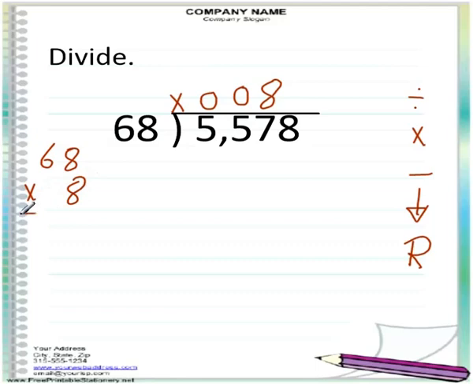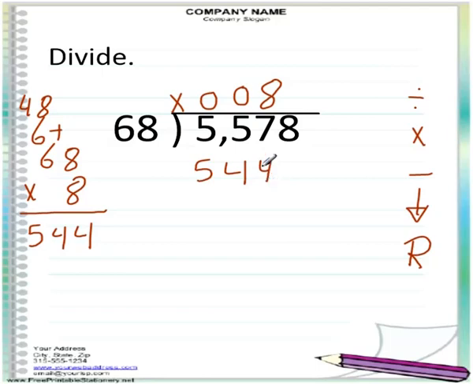So all these are trials to reach the suitable answer. 8 times 8 equals 64. 8 times 6 equals 48 plus 6, so 48 plus 6 equals 54. Yes, we can take this number because it's less. So always the number should be less or equal to the dividend.